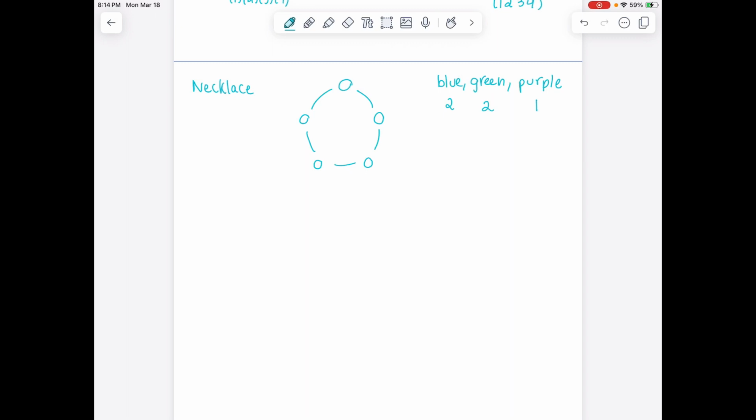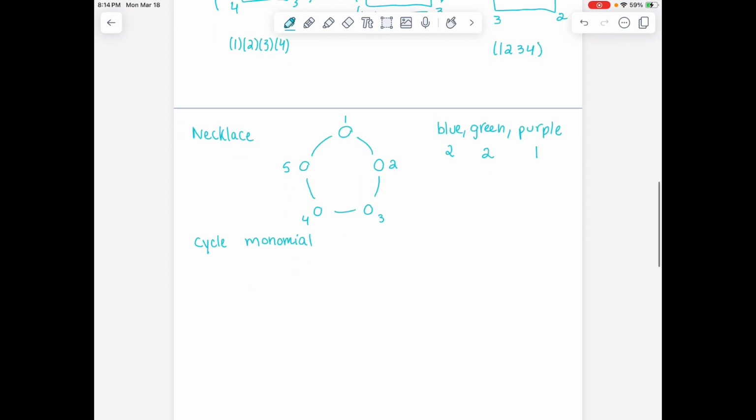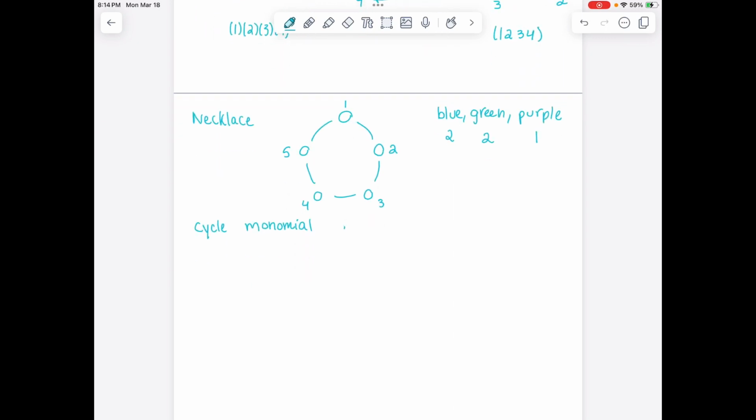And some terms before I get to the formula, we'll have the cycle monomial. So also if we can enumerate the beads. If we have some sigma in G, there's a corresponding sigma bar in X, the permutation after G has acted on it. Here, G would be the dihedral group of the pentagon, and X is the set of vertices.